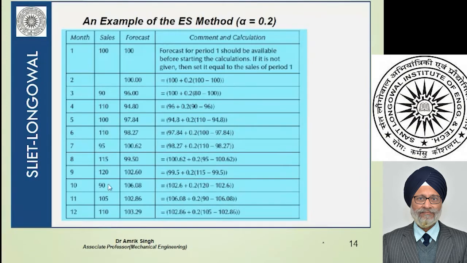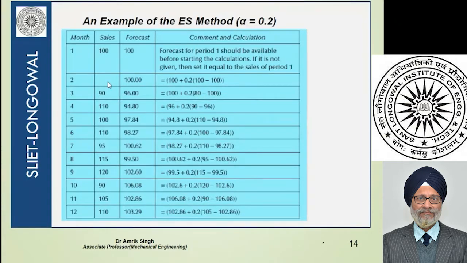So it is calculated that way. How has it come to 100? It is 100 plus 0.2, the value given, times the demand minus the forecast, which was also 100 minus 100. Similarly, how has 96 come? The forecast for T minus 1 will be 100 here, so it is 100 plus 0.2 times 80 minus 100.